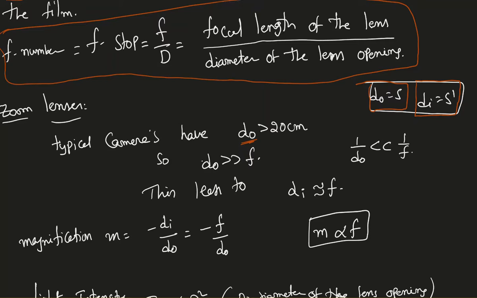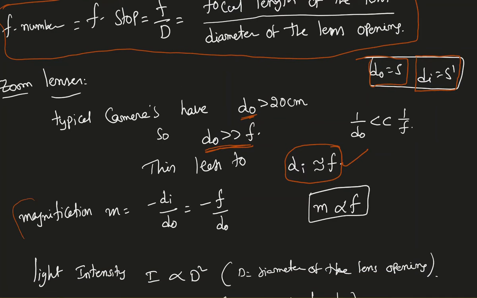Usually the distance of the object is a lot greater than the focal length of the lens. So the distance of the image is approximately equal to the focal length.